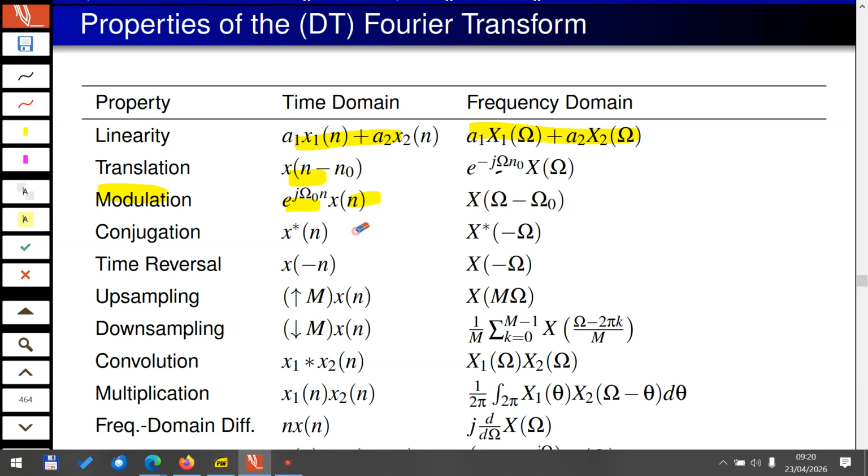And conjugation, time reversal, and because these are discrete time signals, you have upsampling and downsampling as well. Upsampling by a factor of n, and downsampling by a factor of m, right? And you can see here that in the frequency domain, if m is larger than 1, you have a compressed transform.